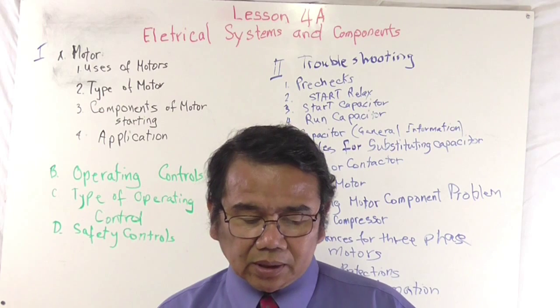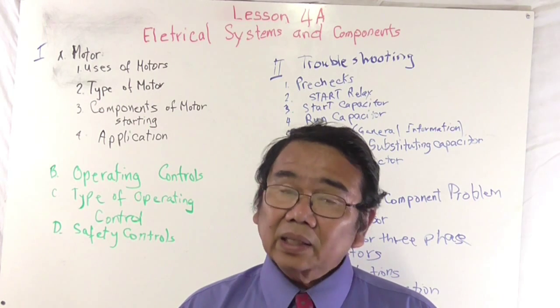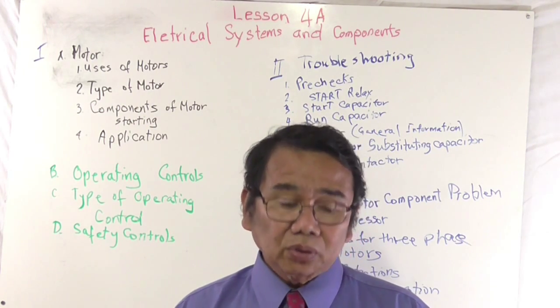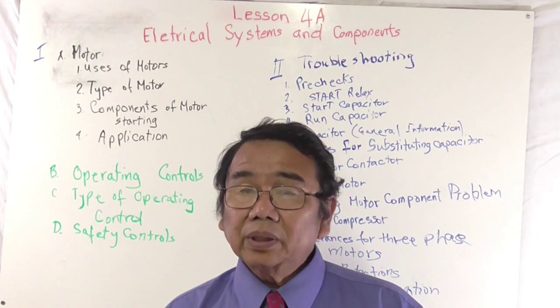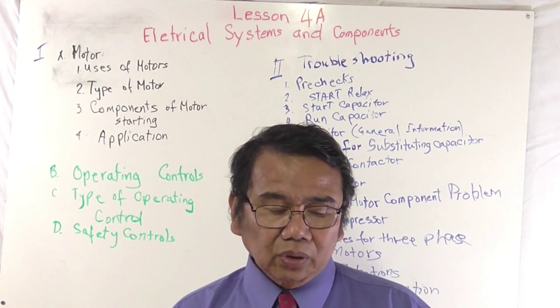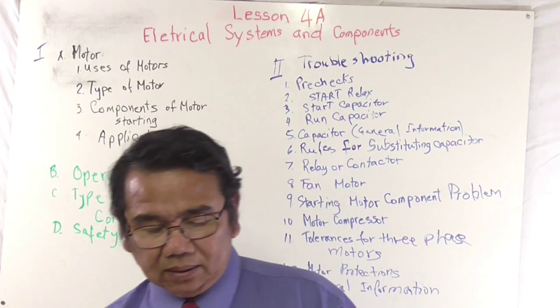And then you have the motor protector. Motor protectors are designed to open the electrical circuit to the motor if it draws too much current, overheats for any reason, or becomes too hot.